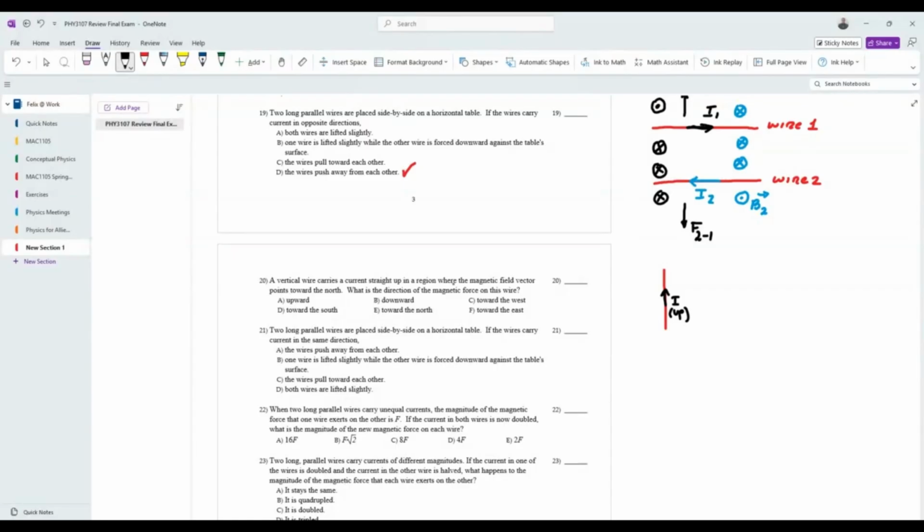Now they say that the magnetic field vector points toward the north. I said that the north would be entering into the plane of the screen. So the magnetic field vector enters into the plane of the screen, which is north.